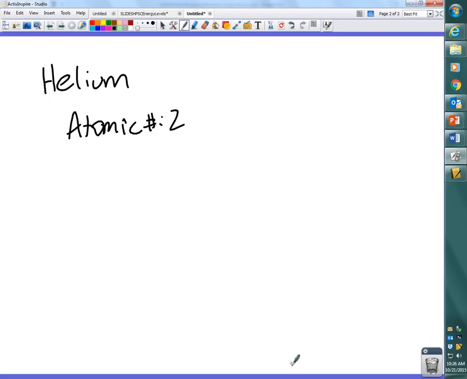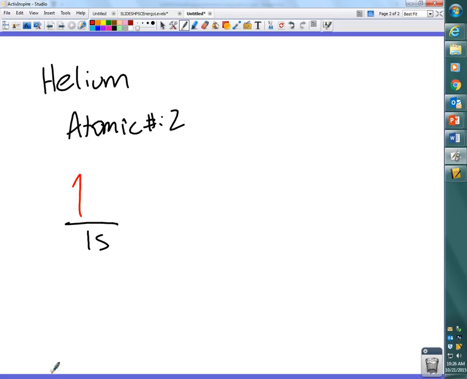We just found out that for hydrogen, the lowest energy orbital is 1s. That's the same case for helium as well. So we draw a line, we label it 1s to represent that orbital. We know that it can hold this electron from hydrogen.